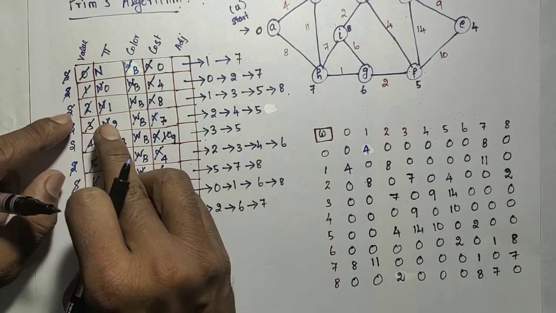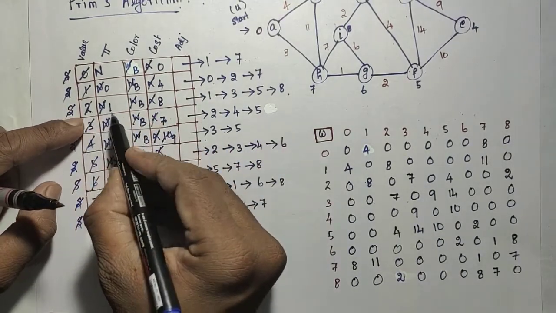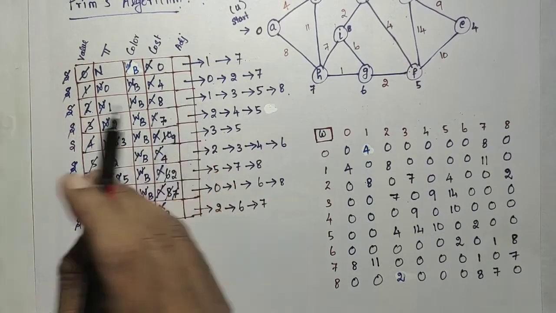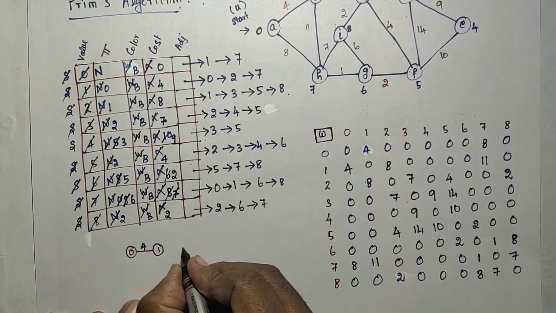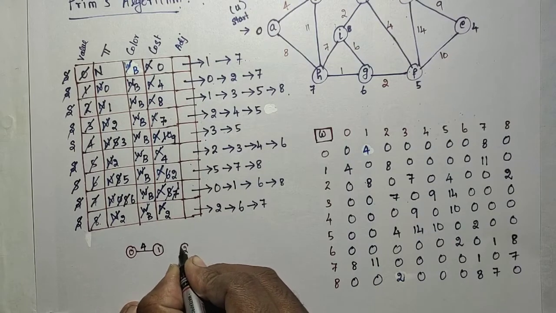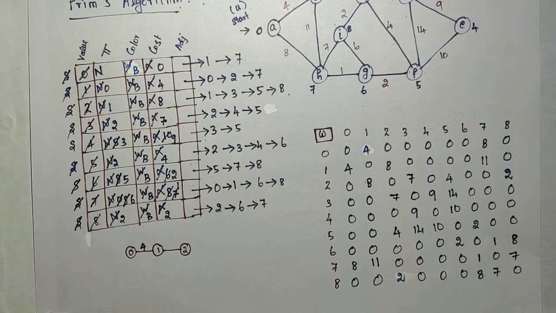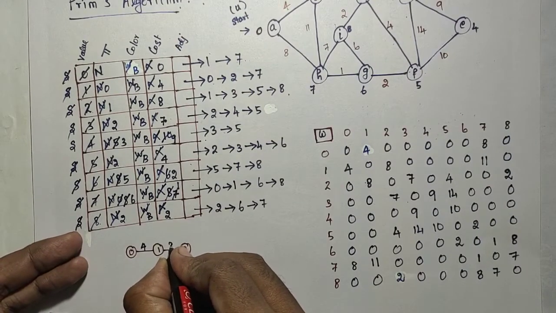The next one: 1 to 2, with the cost 8. 0 to 1 is added, next 1 to 2 with the cost 8.